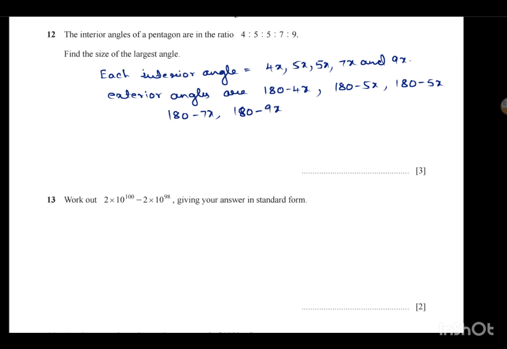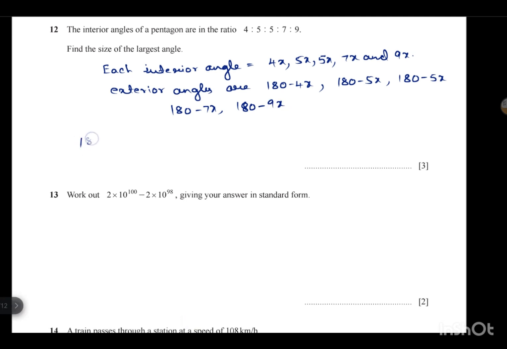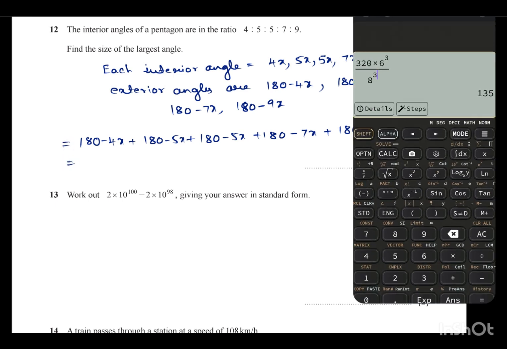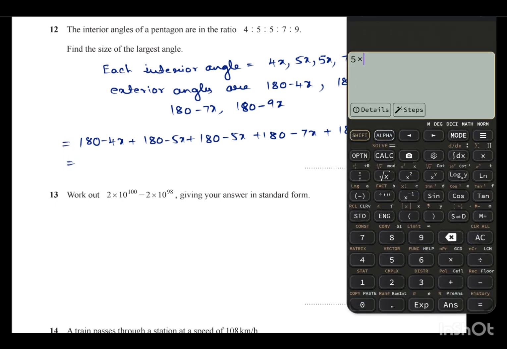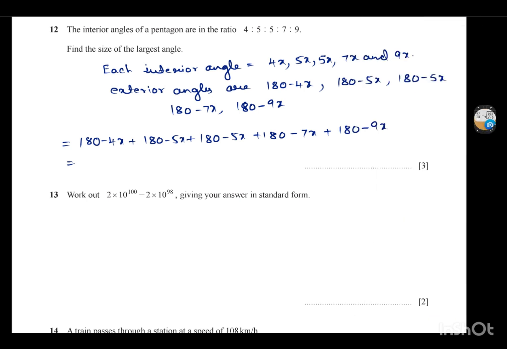Sum of all the exterior angles: 180 minus 4x plus 180 minus 5x plus 180 minus 5x plus 180 minus 7x plus 180 minus 9x. How many 180s are there? 5 180s. 5 into 180 is 900.